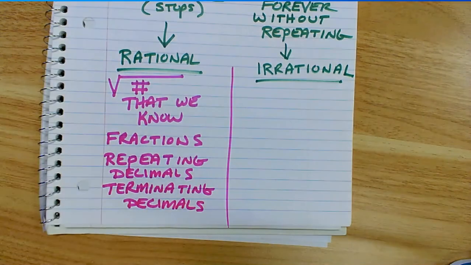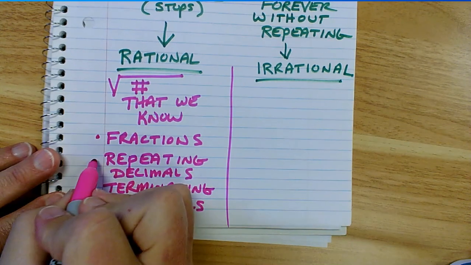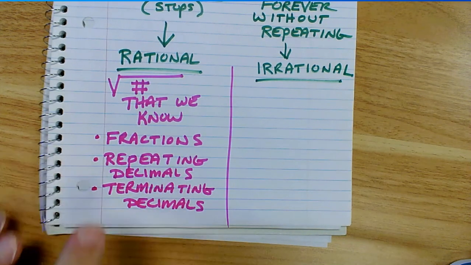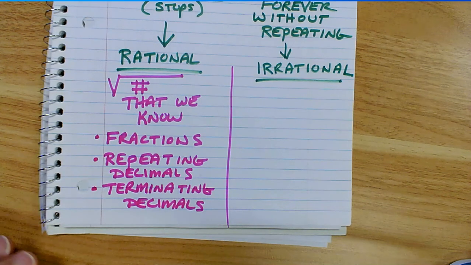So those are the rational numbers. Square roots that we know, fractions, repeating decimals, terminating decimals. All of these types of numbers are rational numbers.